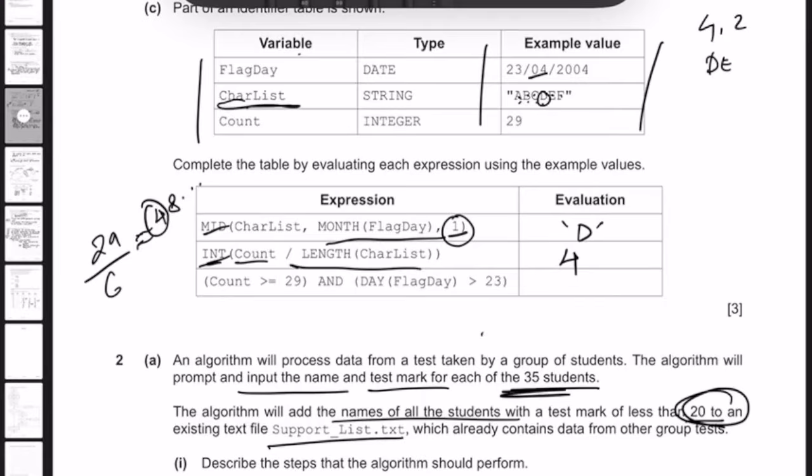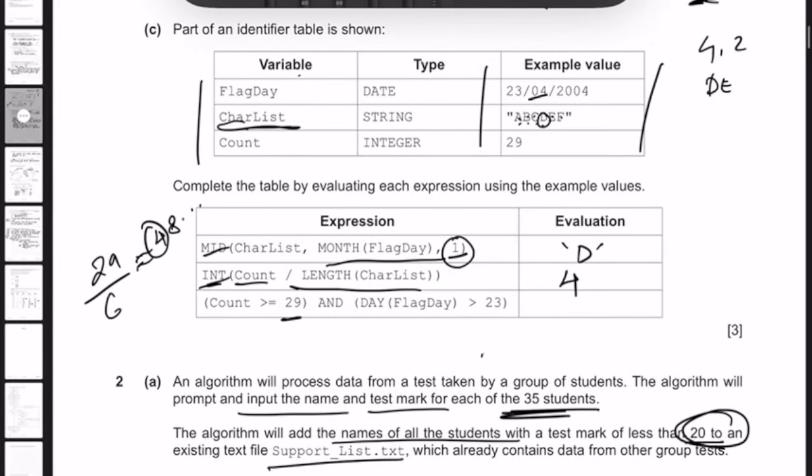If count is greater than or equal to 29 and flag day is greater than 23, so this is true, right? Because it's 29, it's equal. True, and day flag day: 23 is not greater than 23, right? So this becomes false and our output will be false.